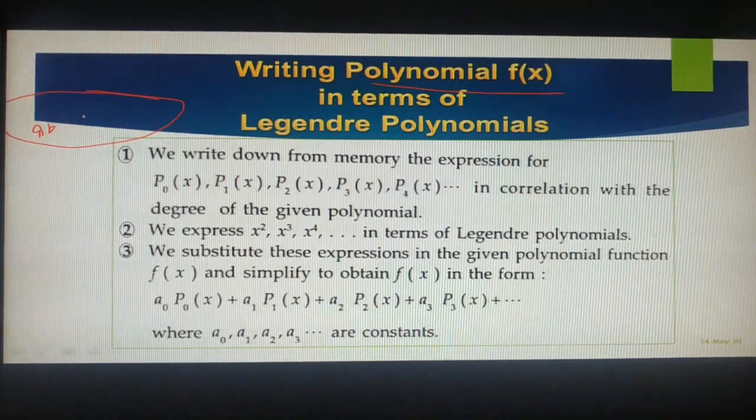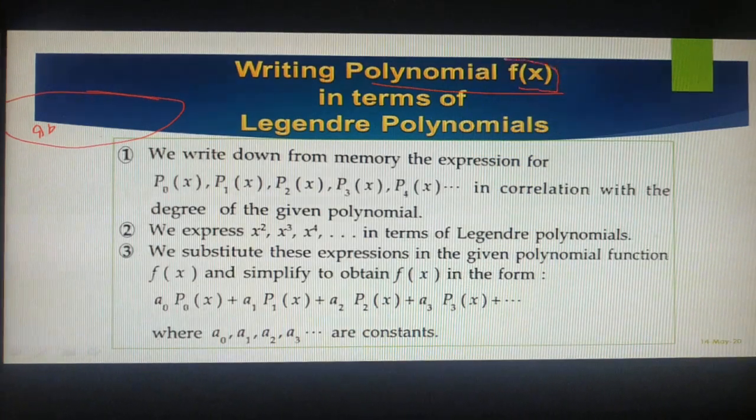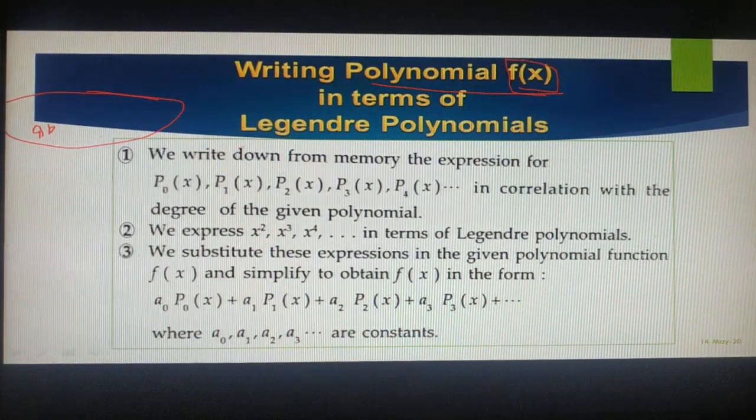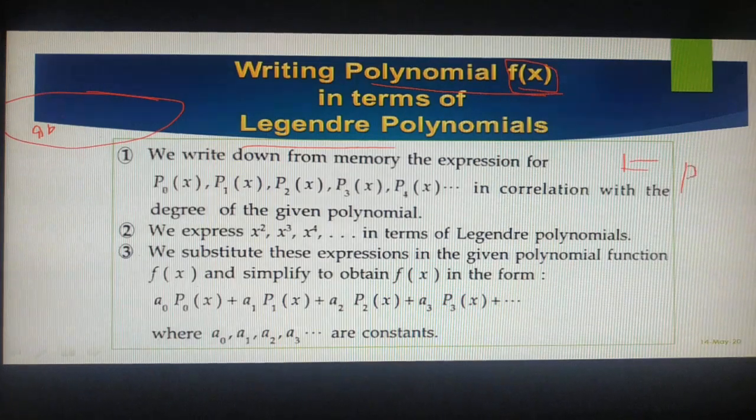They will provide a regular polynomial to us, and our task is to convert this whole regular polynomial of x into terms of Legendre's polynomials. How is it possible? Even the constant 1, how can I represent it? 1 I can represent as the Legendre polynomial P naught of x.